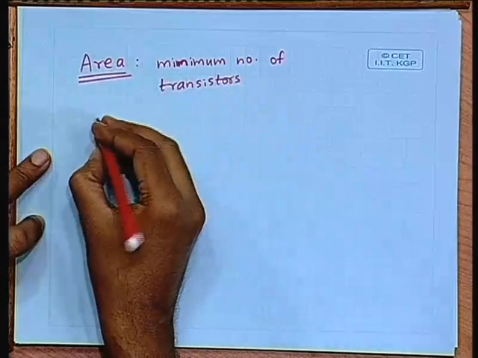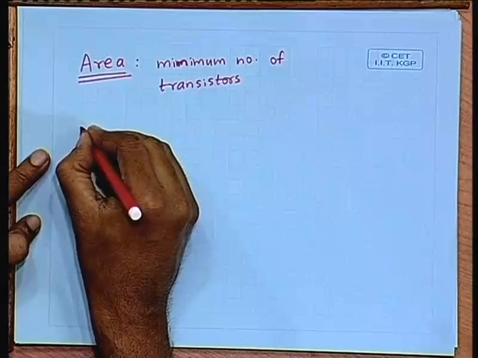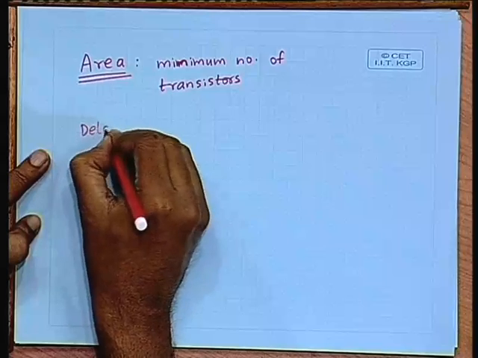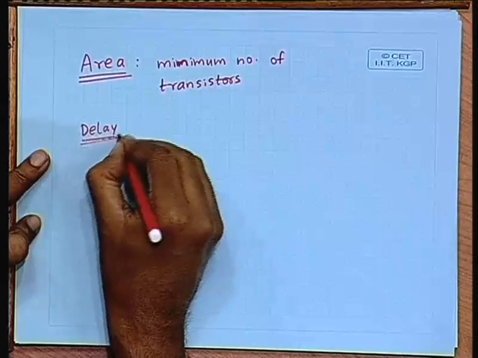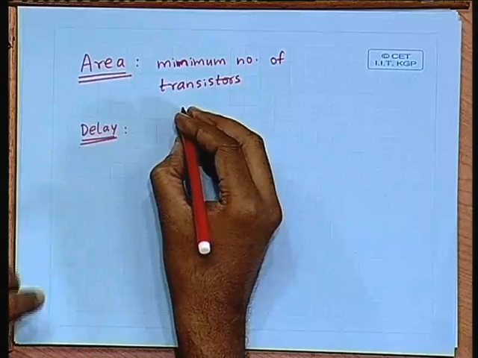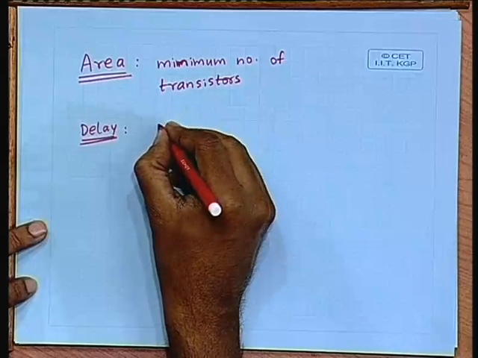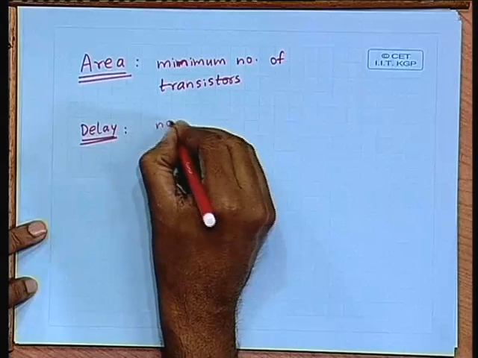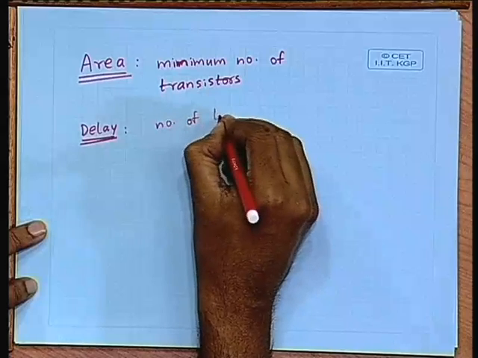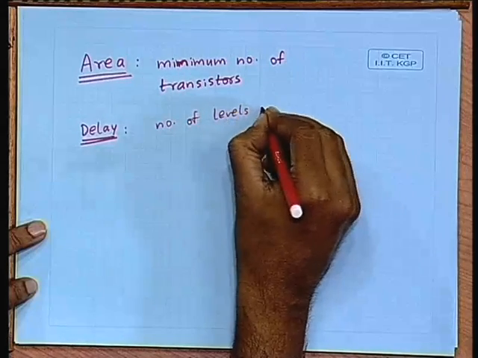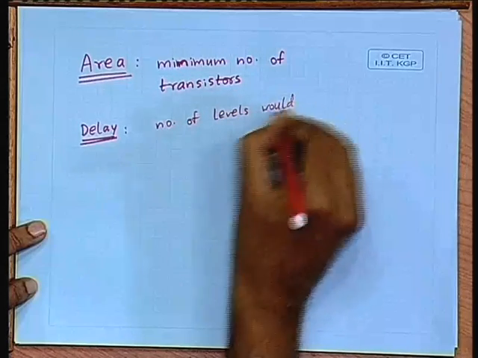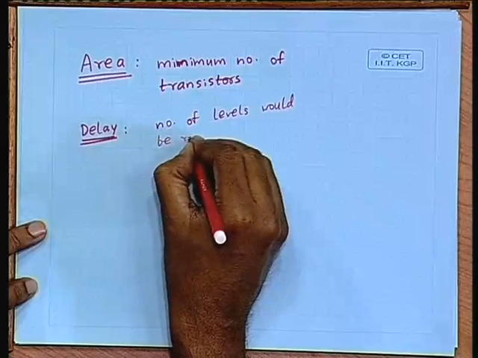Now, if our objective were to minimize delay, then we would have followed a different approach. The number of levels would be reduced.